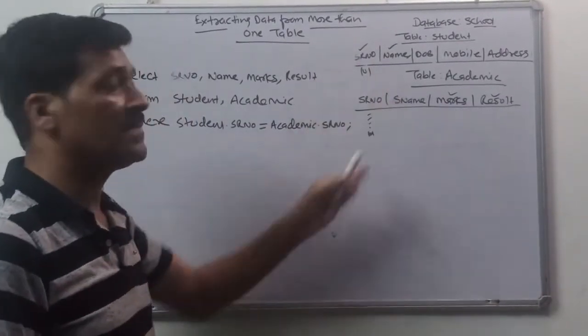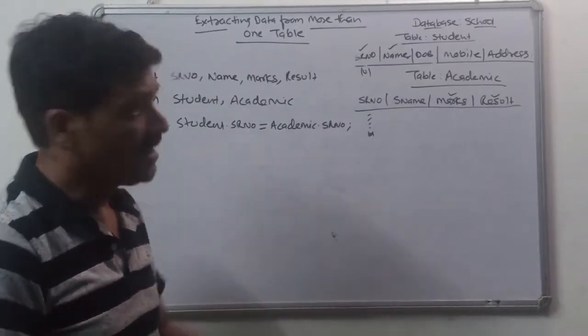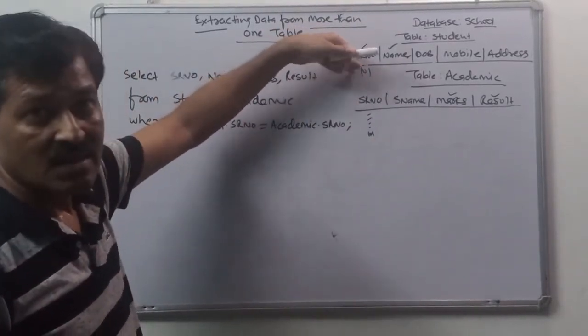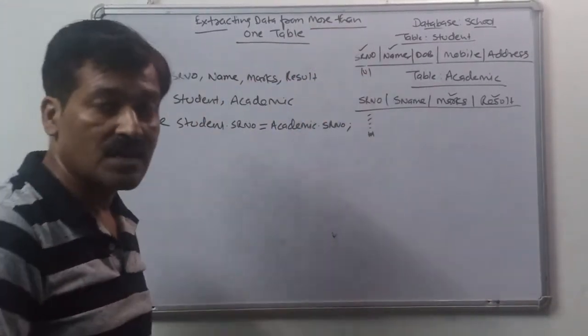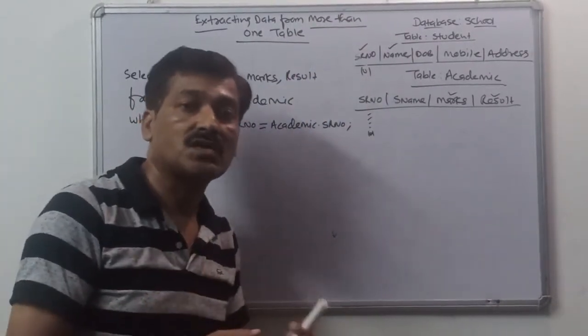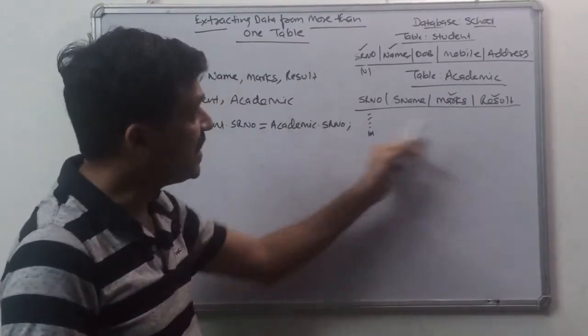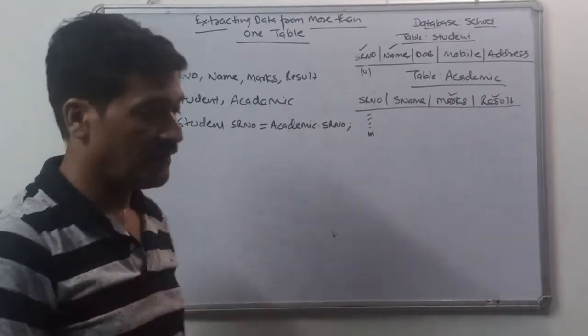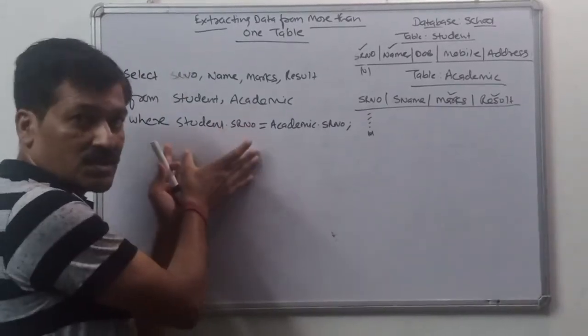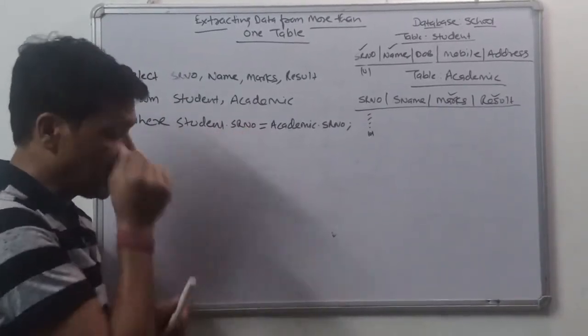If it is placed at the same positions, very good. If it is not, it will start from here and search for SR number 101 in the whole table, and where the identical value matches, that record will be executed. But I hope you understood this example.